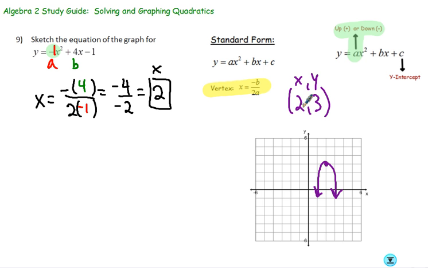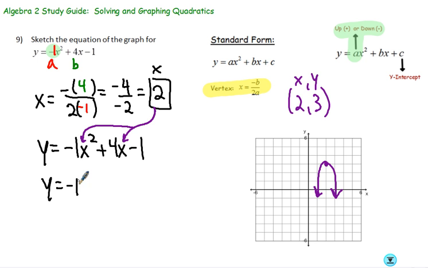And then let's see where we got the positive 3 from. So I'll rewrite y, and that'll be negative 1x squared plus 4x minus 1. And then again, I'm going to do a substitution here. So I'm taking 2, dropping him off right there, and then dropping him off right there. So I've got negative 1 times x squared plus 4, and again, I'm just leaving a little spot for where I'm going to drop in that 2.